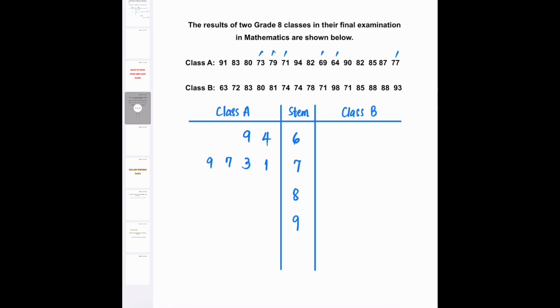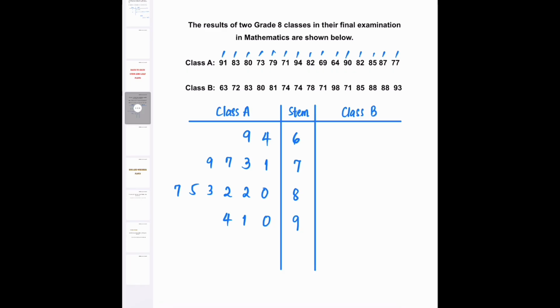Next, we got 80, followed by 82, so we have 2 and 2, two 2s right here. And we got 83, then 85, 87, and we got 90. We got 91 and 94.